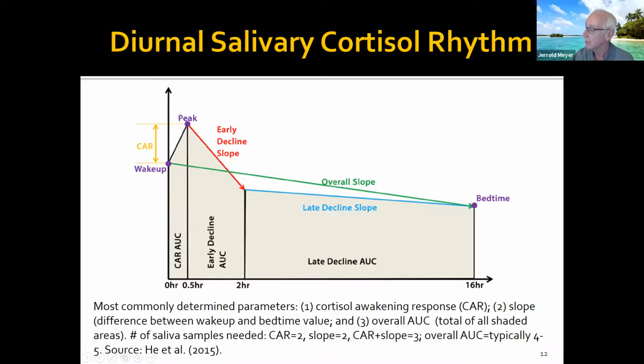And you can see here how many saliva samples you need for each of these measures. If CAR, only 2. Slope, only 2. CAR plus slope, 3. Overall AUC, you need multiple ones in these intermediate time periods, typically 4 or 5. 5 is better, more is better than fewer. Sometimes people even do more than 5. In a study we did several years ago to get AUC, we took 5 saliva samples in a group of UMass undergraduates.